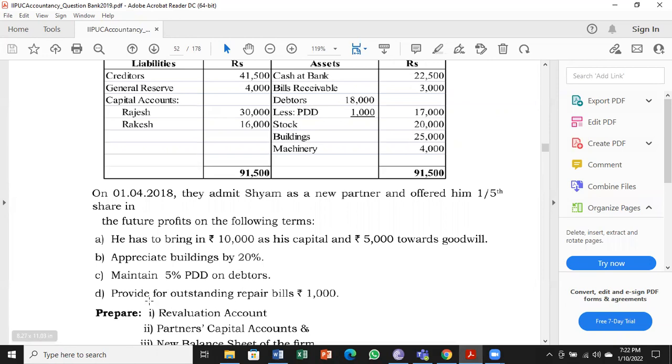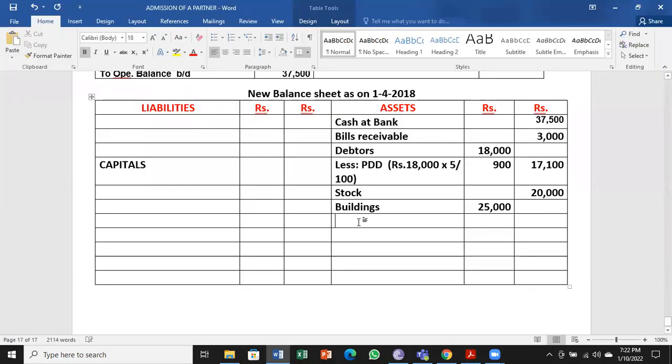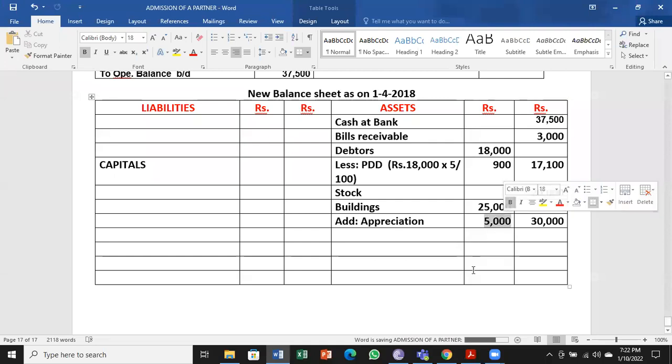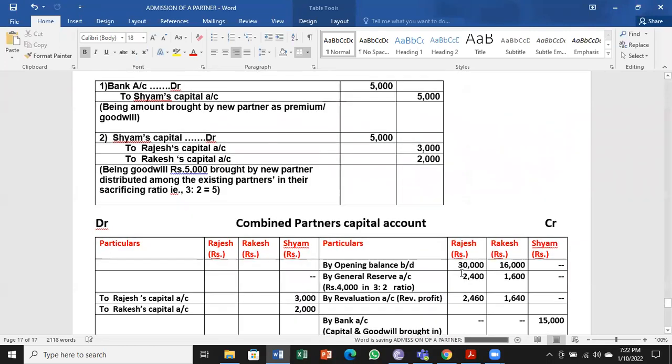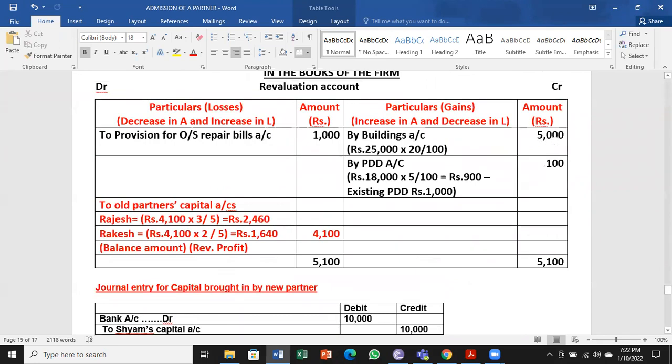We have an adjustment: appreciate buildings by 20%. So appreciation is an increase. We're wondering where is the 5,000. This 5,000 appreciation we have taken in the revaluation account. You can see here. So all adjustments taken in the revaluation should be there in the balance sheet.